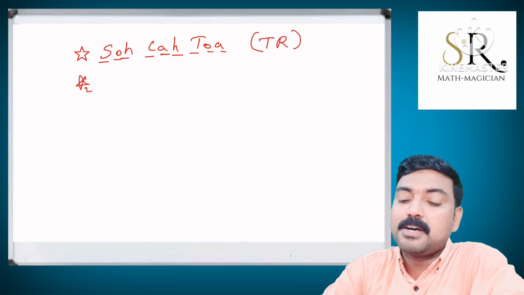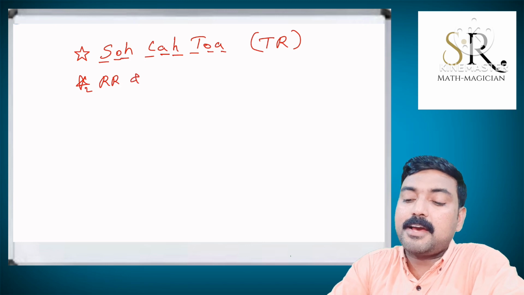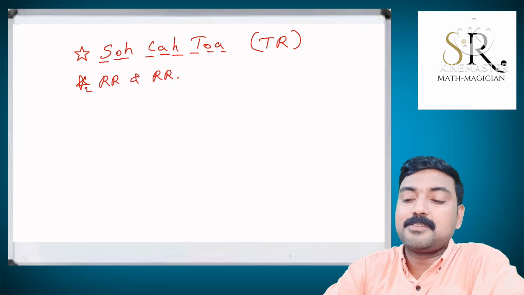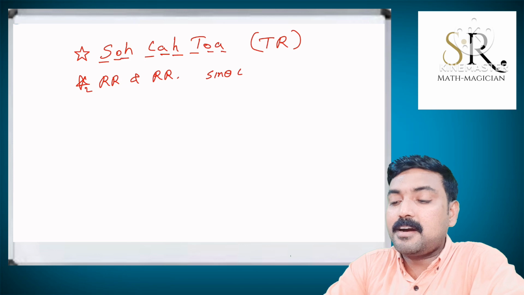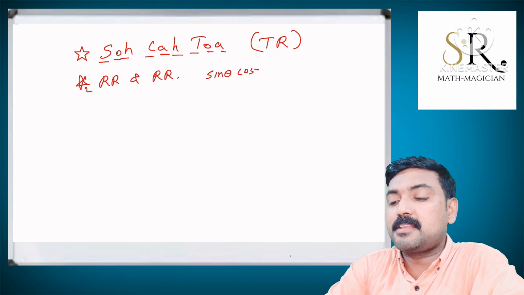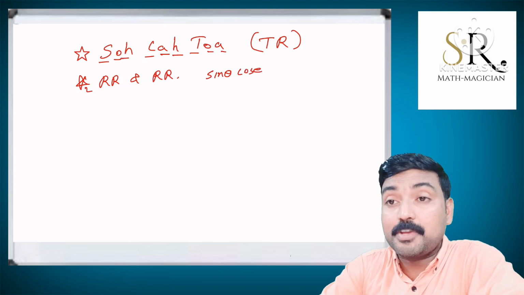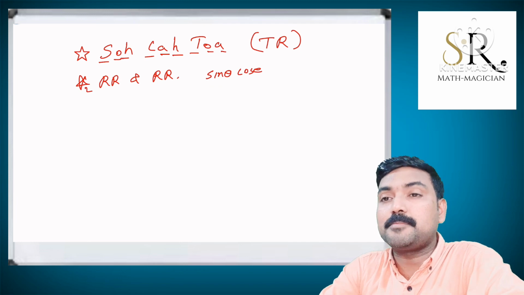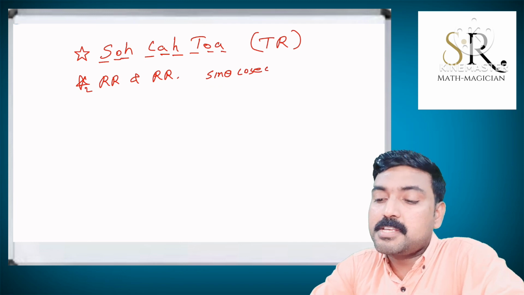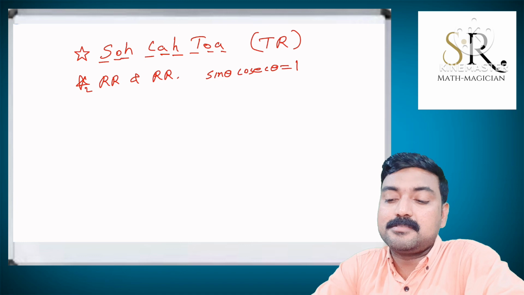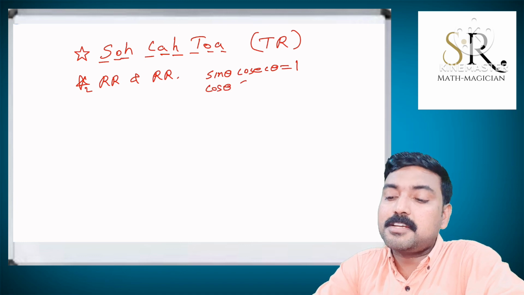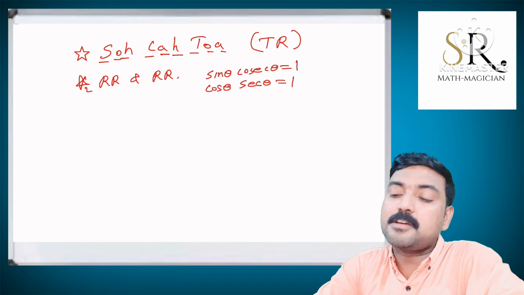Point 2, reciprocal relation. We studied that sin theta and cosec theta, either we can call it theta or we can call it A also, it's also fine. Sin theta into cosec theta is equal to 1. Similarly, cos theta into sec theta is equal to 1.